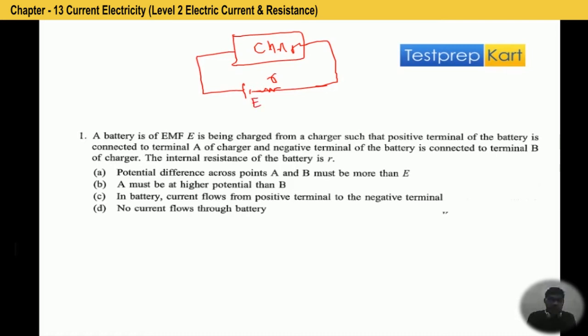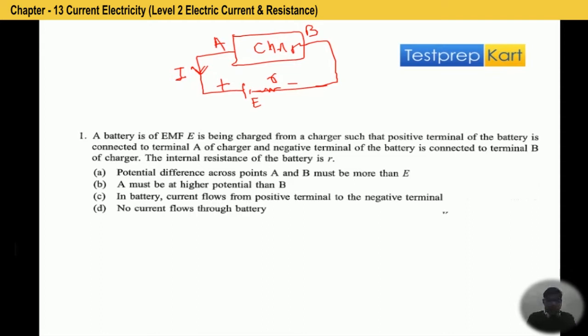Its positive terminal is connected to terminal A and the negative terminal is connected to terminal B. So definitely current is coming from this. When charging takes place, the current moves towards the battery.